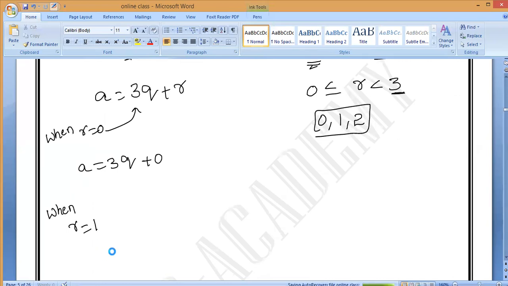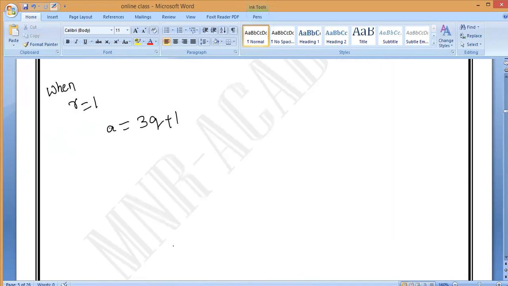A equal to 3q plus 1. When r equal to 2, a equal to 3q plus 2.